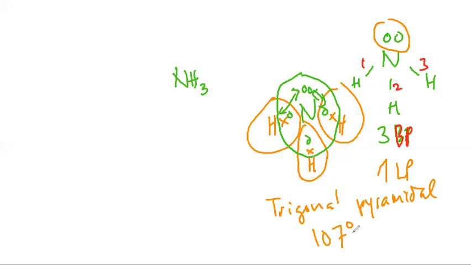Again, you have 3 bond pairs and 1 lone pair, and because the repulsion between bond pair and lone pair is less than the repulsion between lone pair and lone pair, you have a trigonal pyramidal of 107.